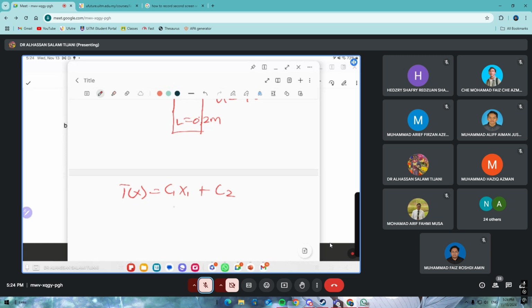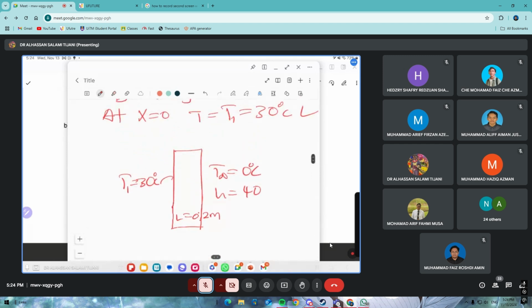At x equals 0, we have T1 equal to 30 equals C1 times 0 plus C2. So C2 equals 30. Okay, so now we will apply another boundary condition.